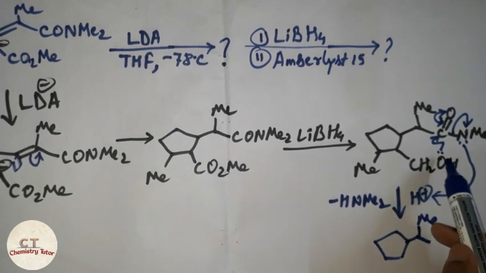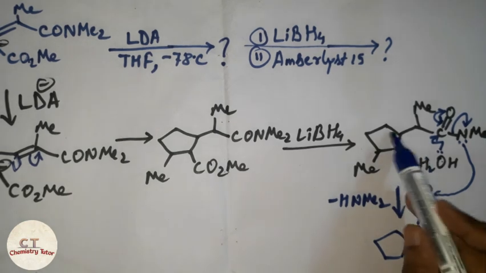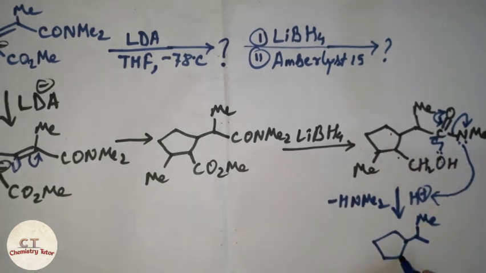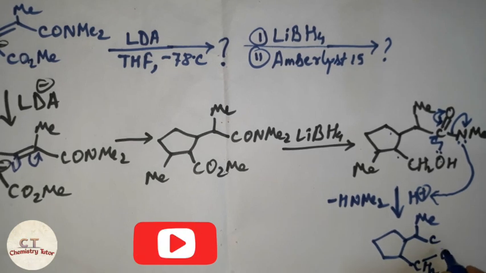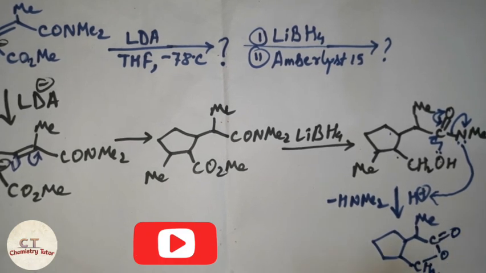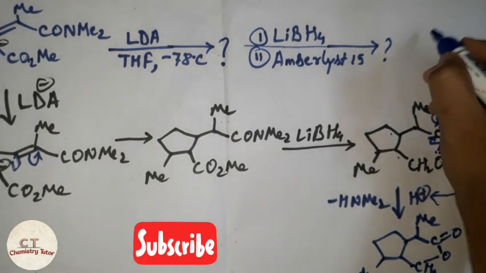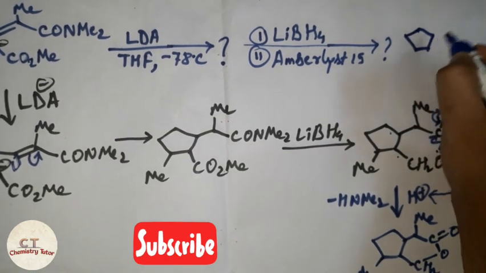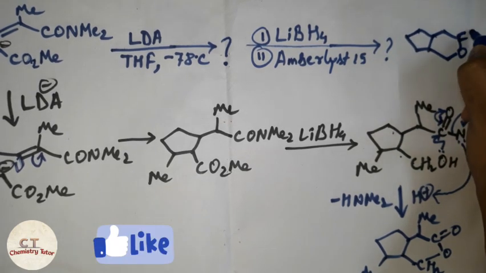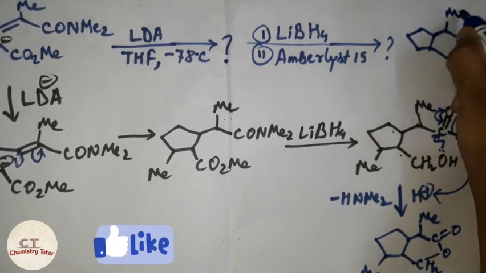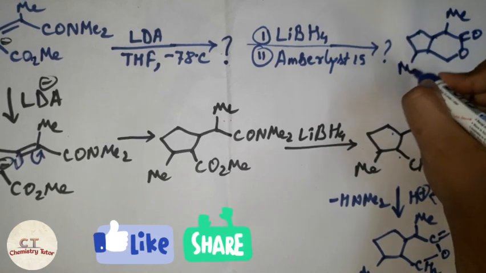This leads to the formation of a 6-membered ring, 1 2 3 4 5 6-membered ring, CH2, oxygen, carbon, double bond, Me. So this will be the final product of this reaction. Okay.